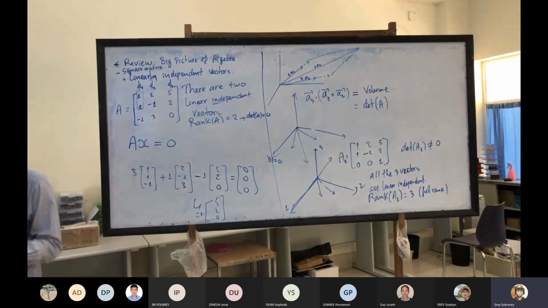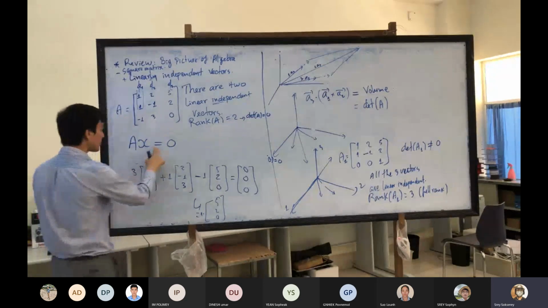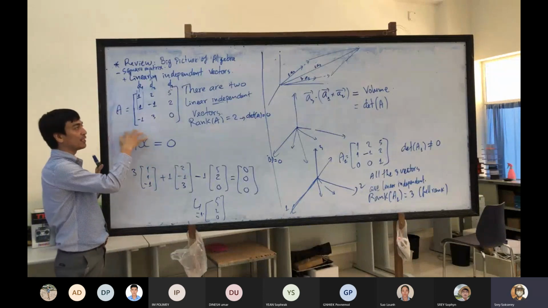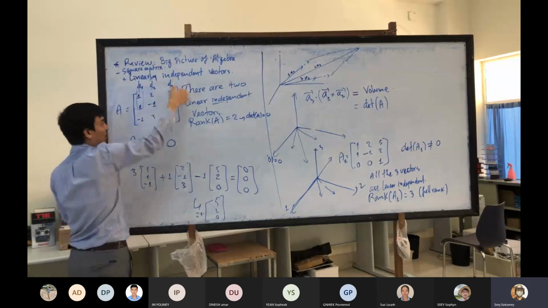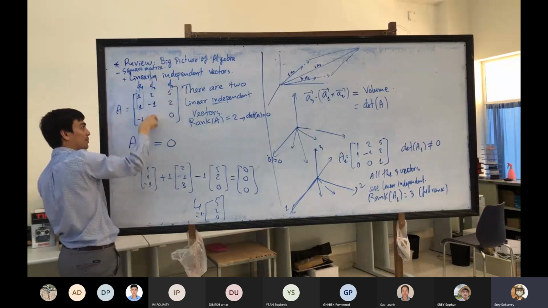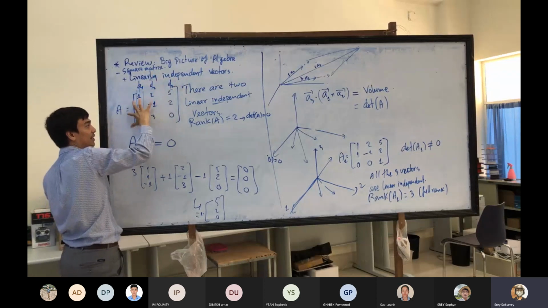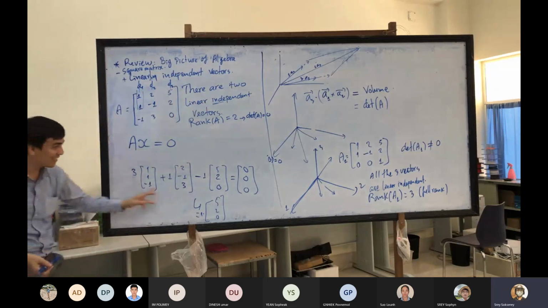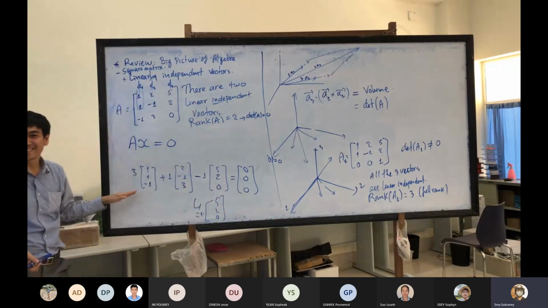For example, if you are asked to solve Ax equals 0, you already remember that when you multiply x into A, so x1 times this, x2 times this, x3 times this, and then you sum up, and you want it to equal 0. It's like this, right?